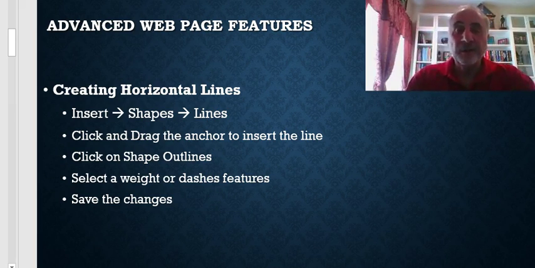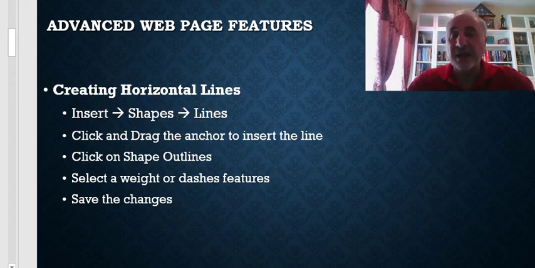Follow the steps you see on the screen and experiment again with the features as before deciding on a final effect. To get a horizontal line, position the cursor where the line is to appear and then click on Insert, Shapes, and Lines.